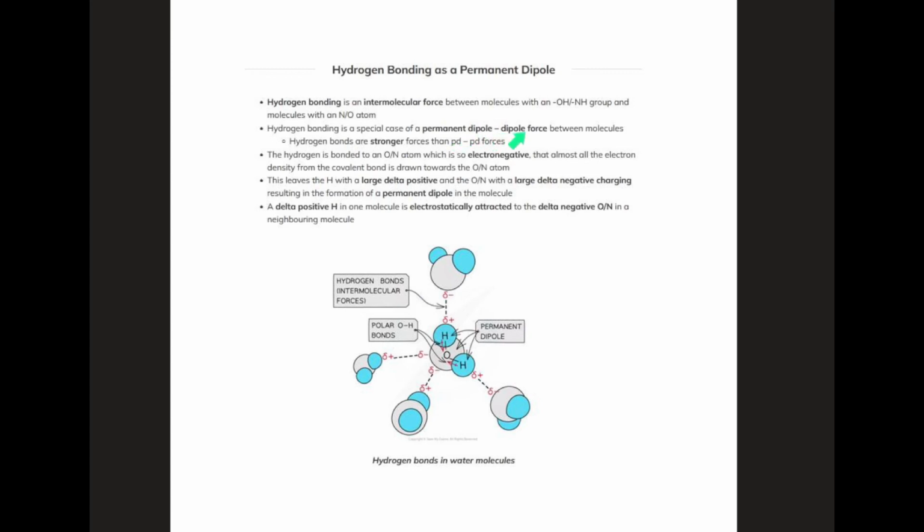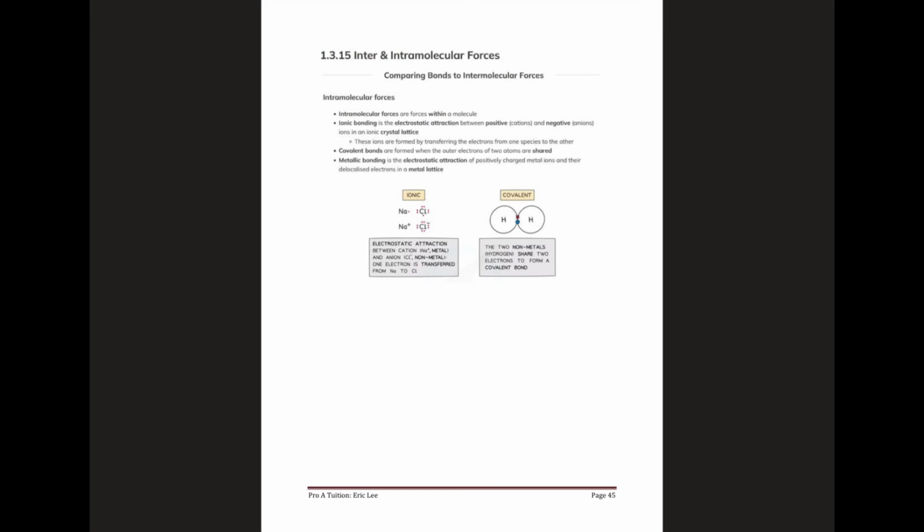What happens is the hydrogen which is bonded to O and N, the hydrogen is very positive. The O and N itself is very negative. So that's why the hydrogen bond is stronger. Okay, now let's move on.